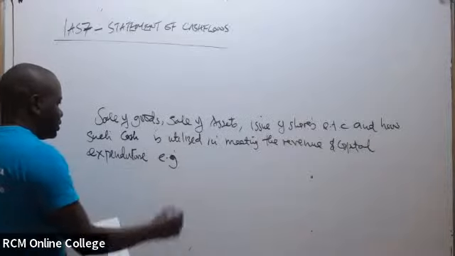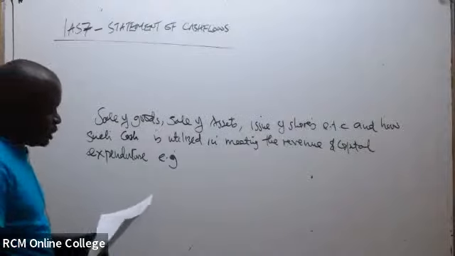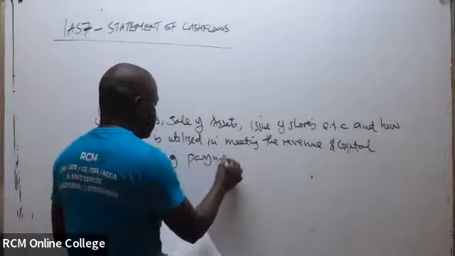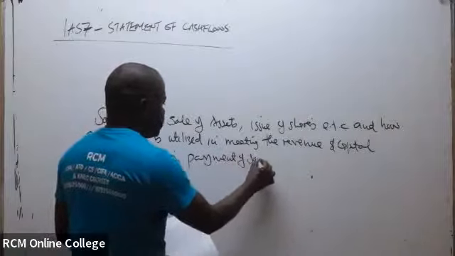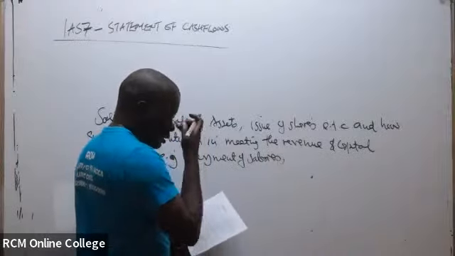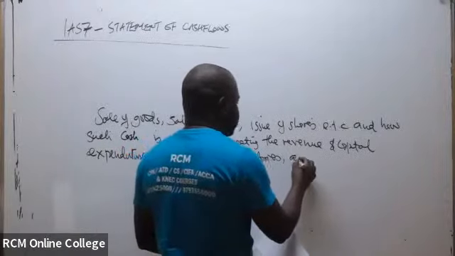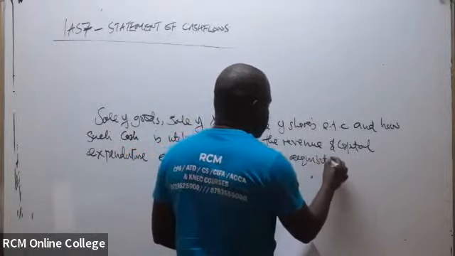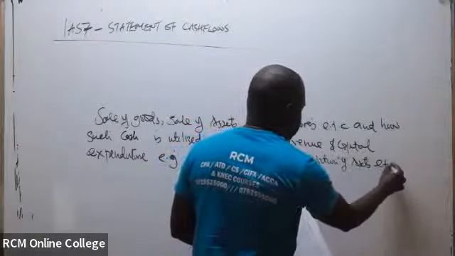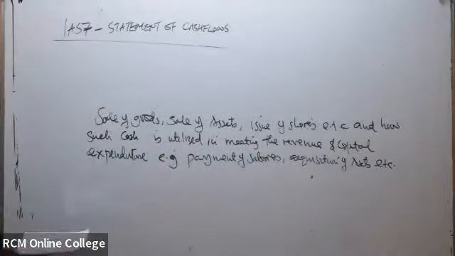Some of the expenses here, and of course some of the revenue and capital expenditure here can include, for example, payment of salaries, acquisition of assets, etc. So overall, it will be able to show how cash is coming in.